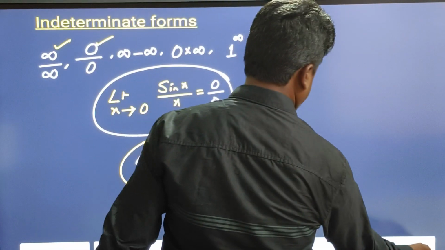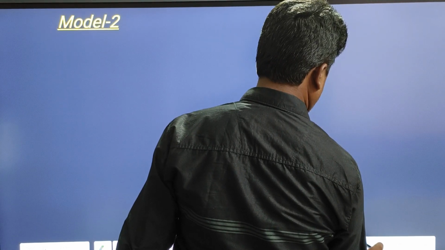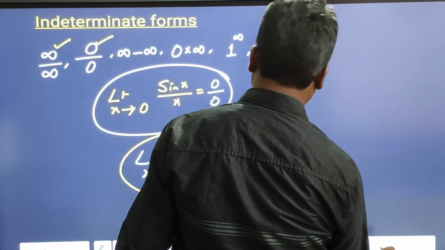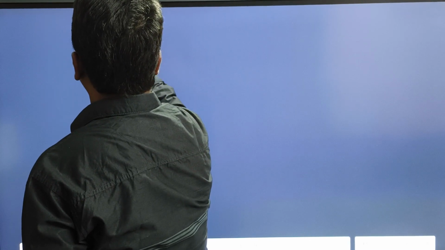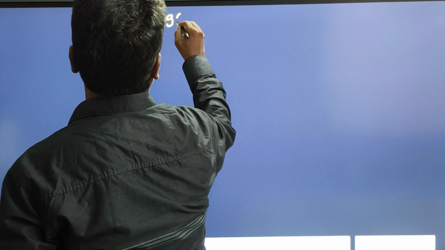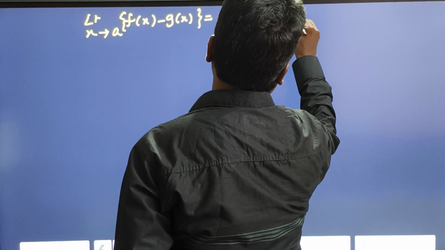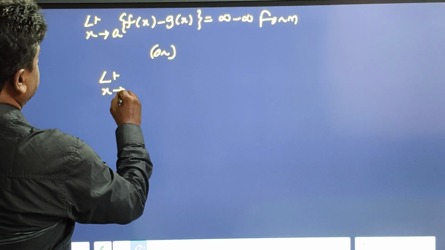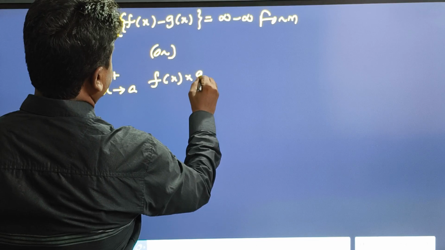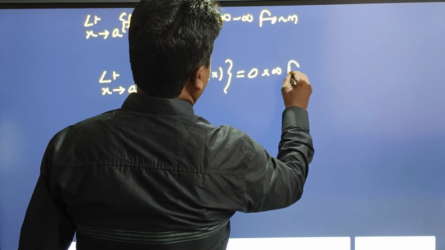Okay. Next, suppose limit x tends to a of f of x minus g of x is infinity minus infinity form, or limit x tends to a of f of x into g of x is 0 into infinity form.